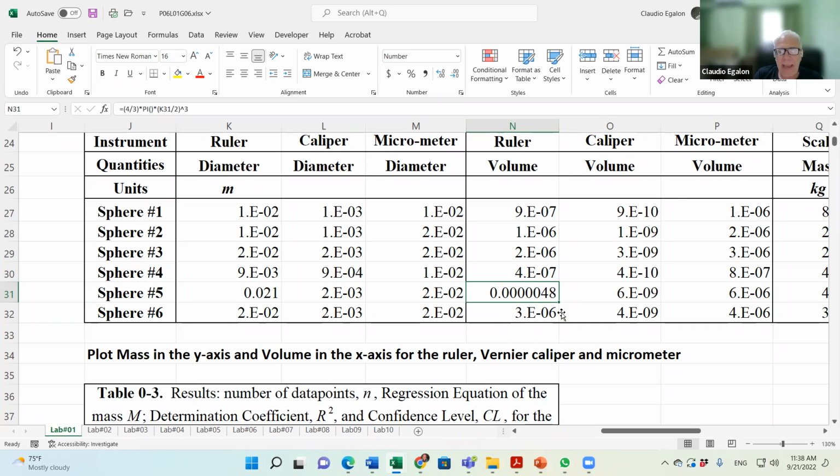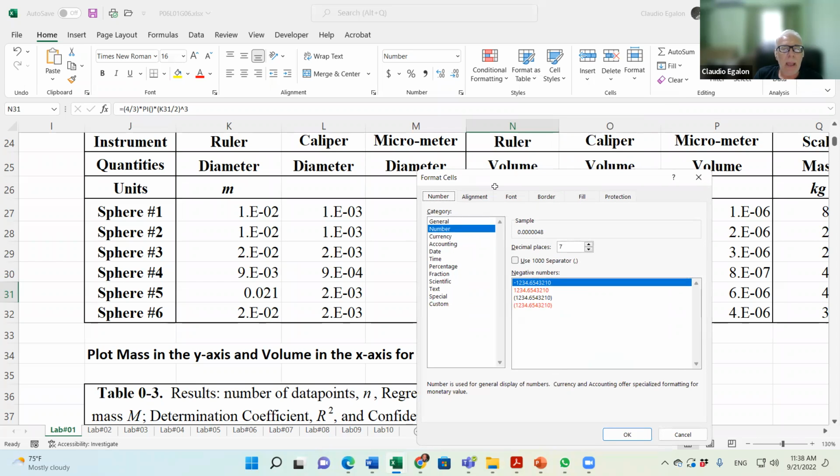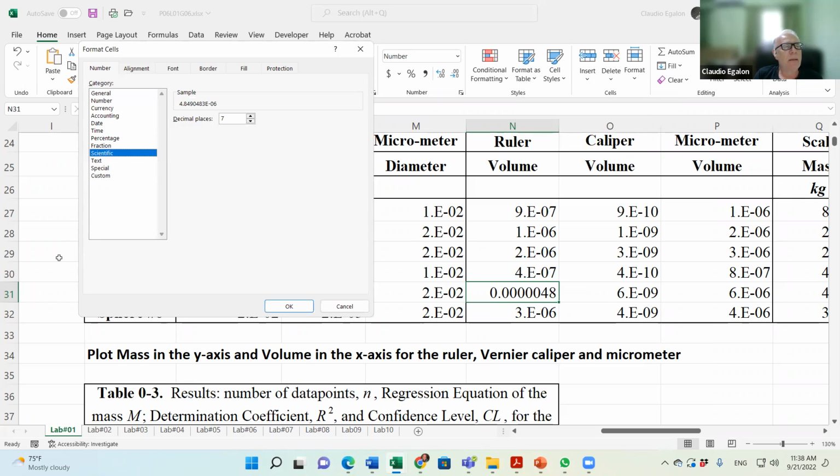If you have something like that, you don't report it as a number. You report it in powers of 10. That's what we call scientific format. To report it in powers of 10, don't forget to keep the same number of significant digits. Just go to that cell, right-click it, format cell, and go back to the original scientific format. Make sure you report the number with the right number of significant figures.